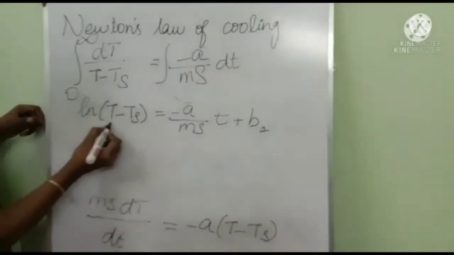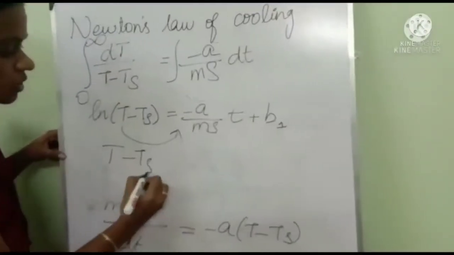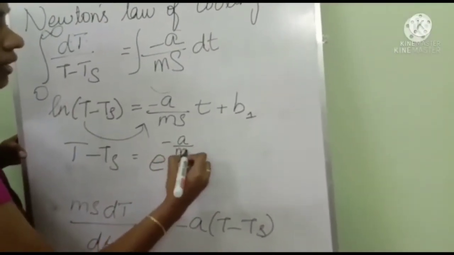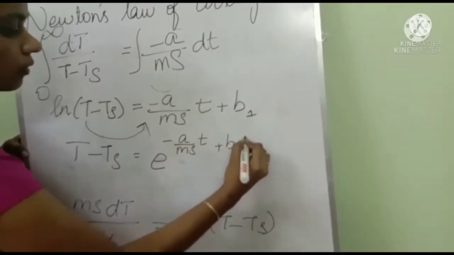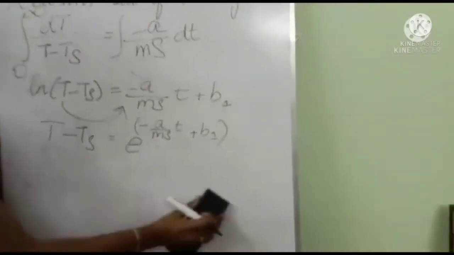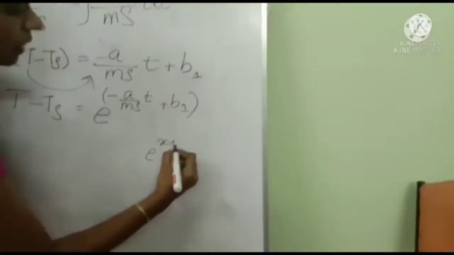Now, I am taking this ln symbol to the other side. So, T minus Ts will be equal to e power (minus A by ms t plus B1). Further, we can simplify this e power (x plus a) form.